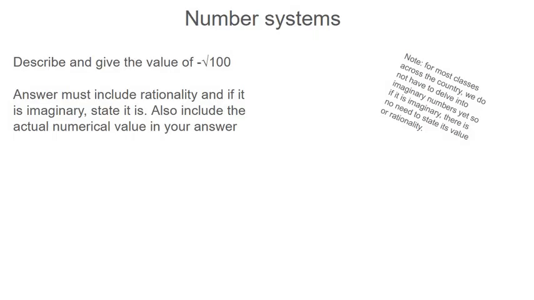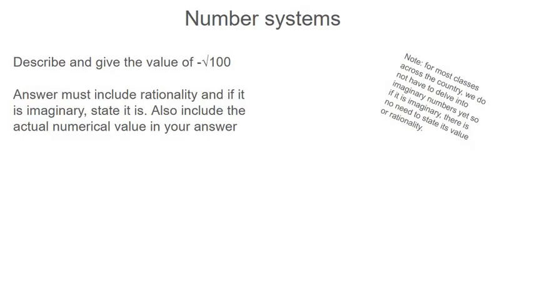So, for number systems, I'm going to give you an example problem to give some more context. Describe and give the value of negative the square root of 100. The answer must include the rationality, and if it is imaginary, state that it is. Also include the actual numerical value in your answer.